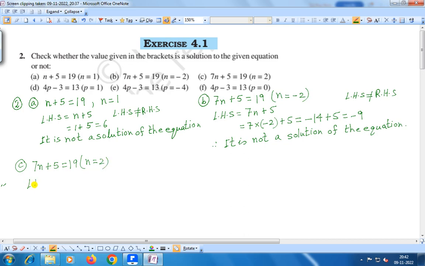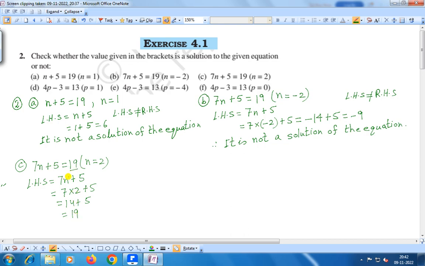Now left hand side is equal to 7n plus 5. Put the value of n as equal to 2, that is 7 into 2 plus 5, that is 14 plus 5, that is equal to 19.